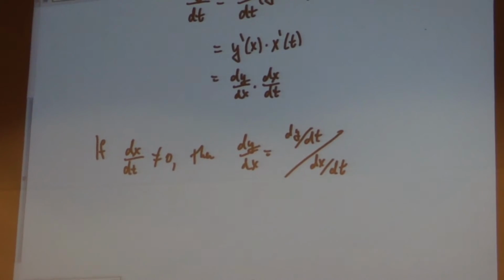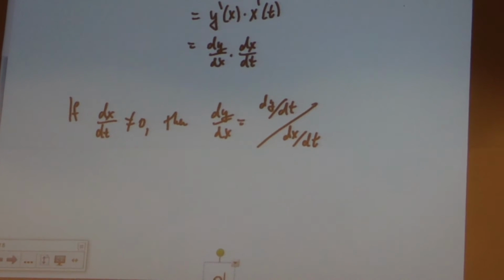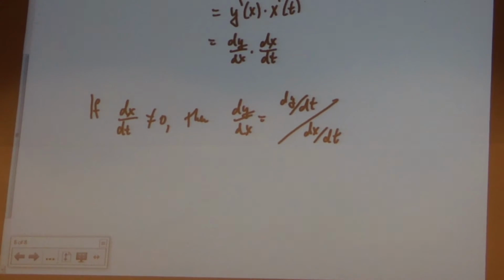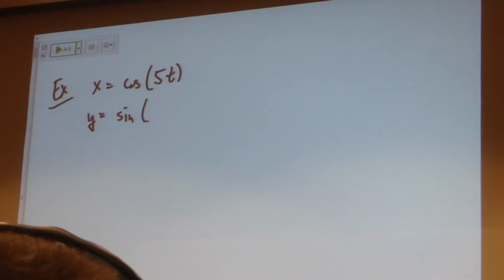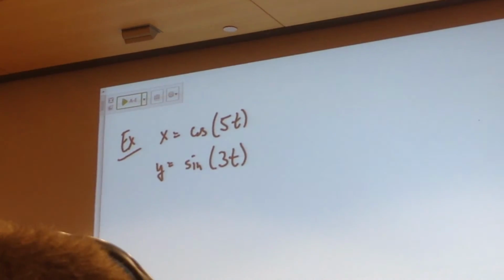Okay, let's do an example. x is cosine 5t, y is sine 3t. Anyone know what this looks like? Good, I'd be surprised if you did.